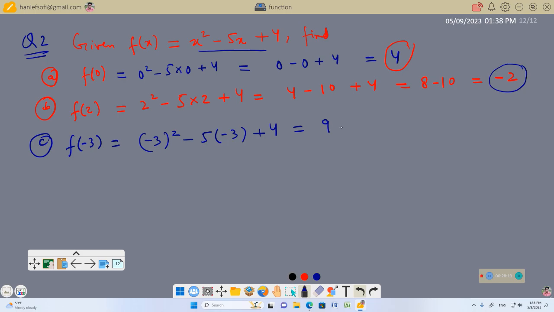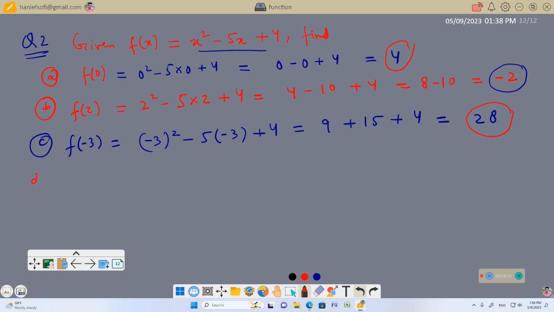Then minus times minus is plus. 5 3s are 15, plus 4. That is 13 plus 15, 28. So f of minus 3 is 28.